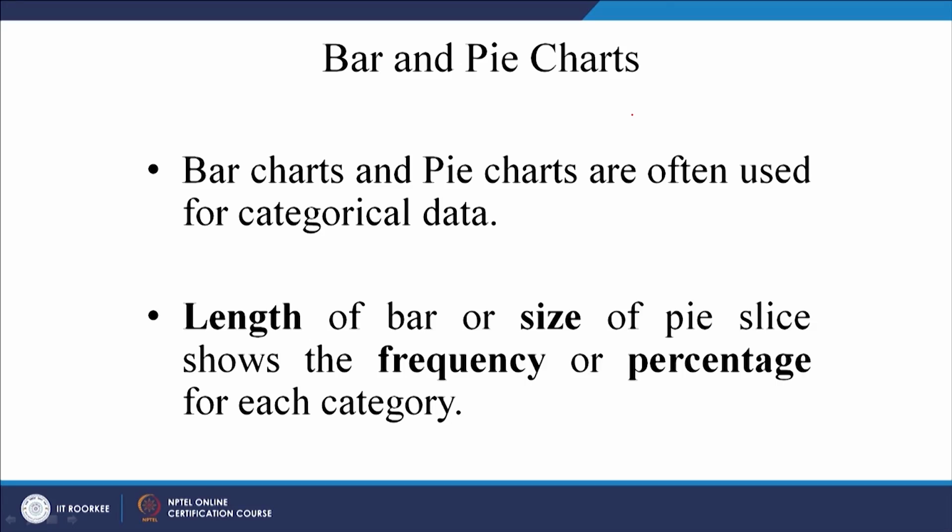As far as bar and pie charts are concerned, bar charts and pie charts are often used for categorical data or non-metric data. The length of the bar in a bar chart and the size of the pie slice will tell you the frequency or percentage of each category. And what are those categories? ATM, internet and so on, right. So, you can have different categories. Let us look at the bar chart.